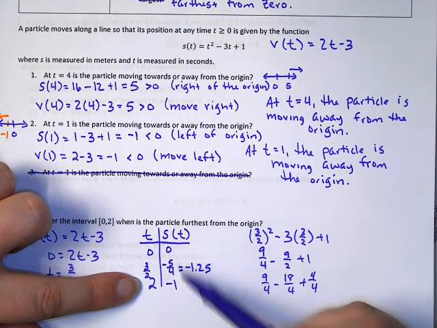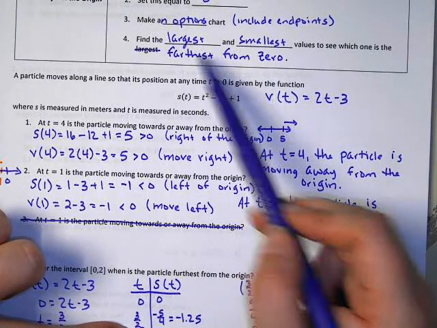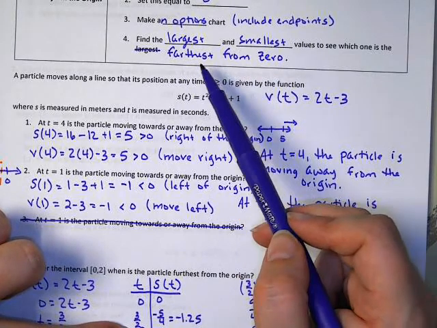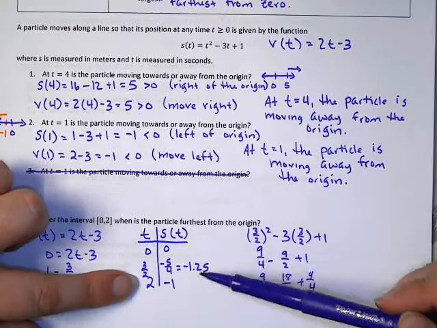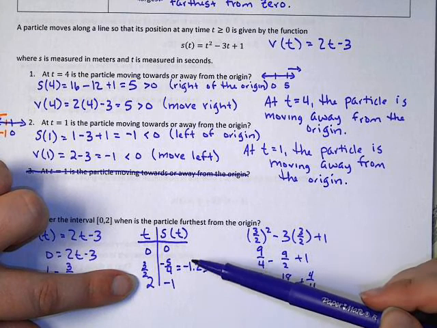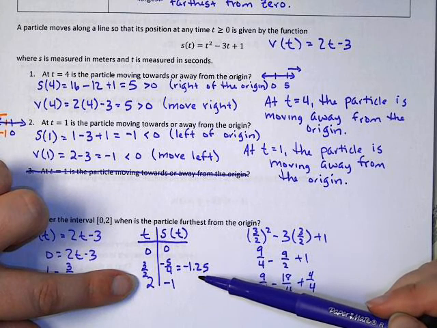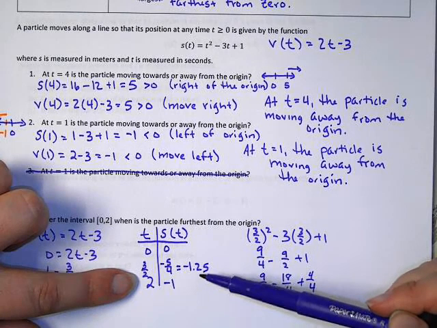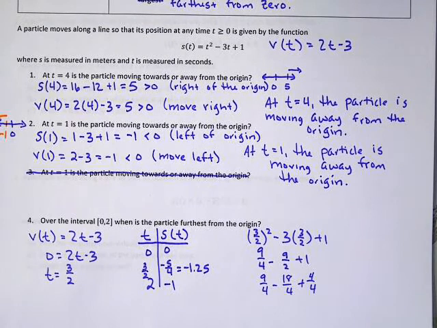So when we look here, we're looking for the largest and the smallest to see which one is the farthest from 0. Well, when we look here, the largest is 0, so that's not away from 0 at all. The smallest is negative 1.25. So we're looking at the distance there, which is a positive 1.25.